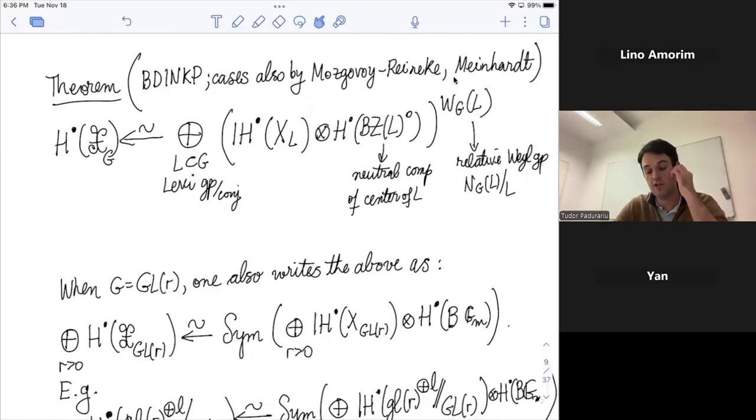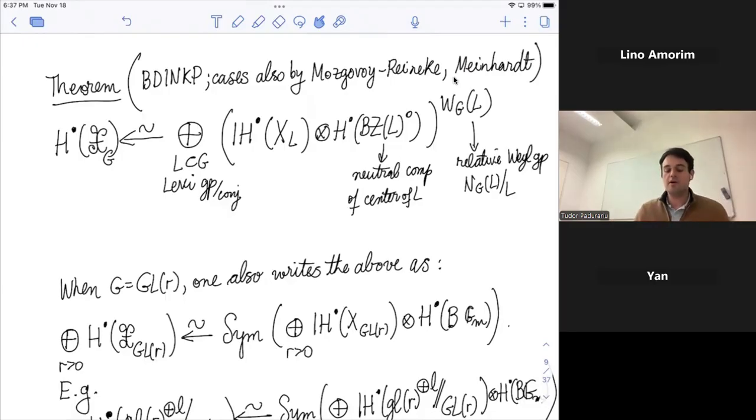There will be a finite dimensional piece, which is the BPS cohomology, in this case, intersection cohomology of spaces X_L. So here X_L is the good moduli space of the stack curly X_L that one associates to a Levi group, times cohomology of the classifying space of a certain torus, the neutral component of the center of the Levi. And then we consider a relative invariance for the Levi.